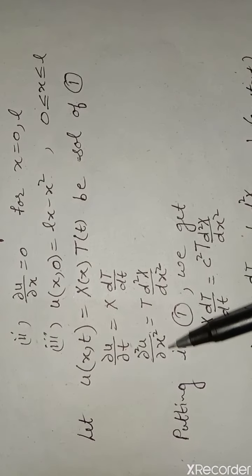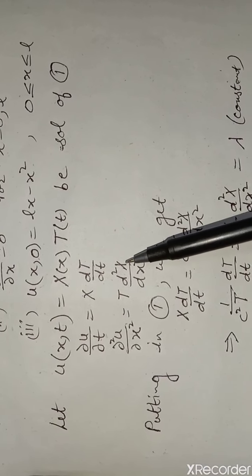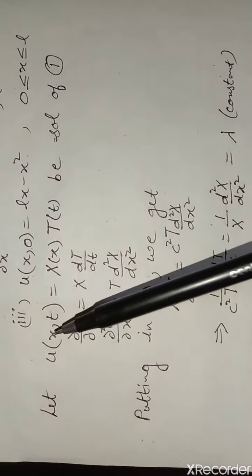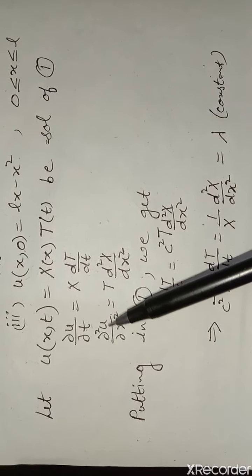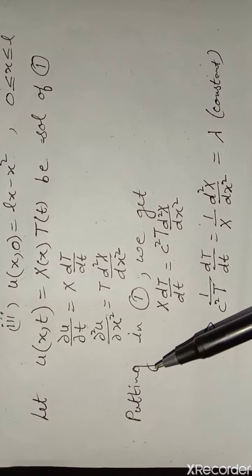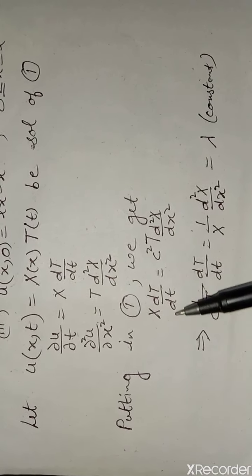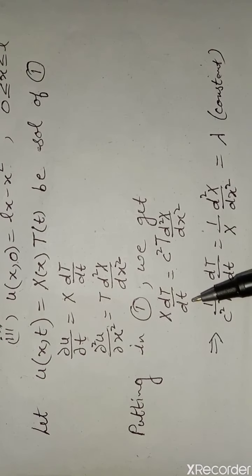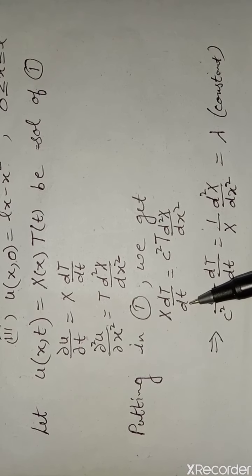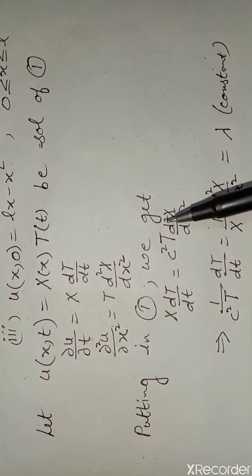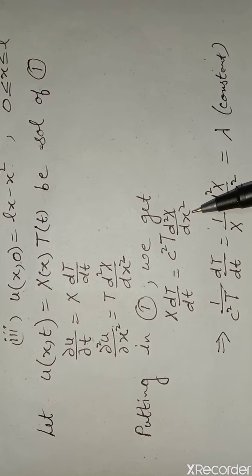Similarly, del square u by del x square is T d square X by dx square. Now we use u, del u by del t and del square u by del x square in the given partial differential equation, and we get X dT by dt is equal to c square T d square X by dx square.